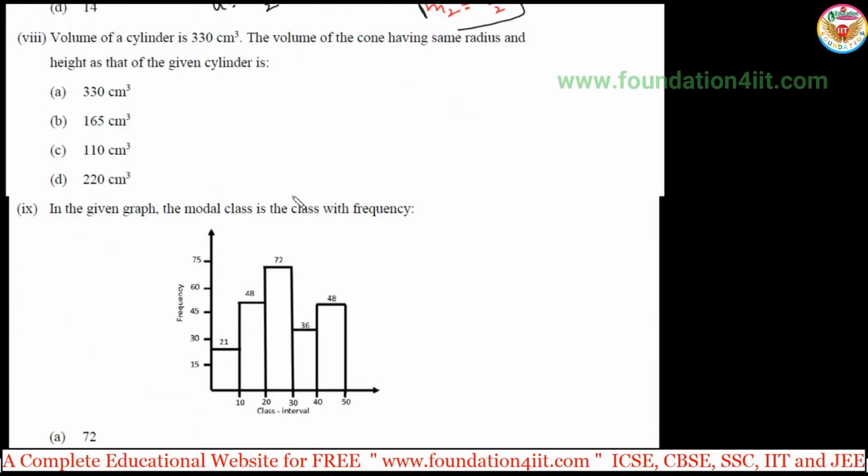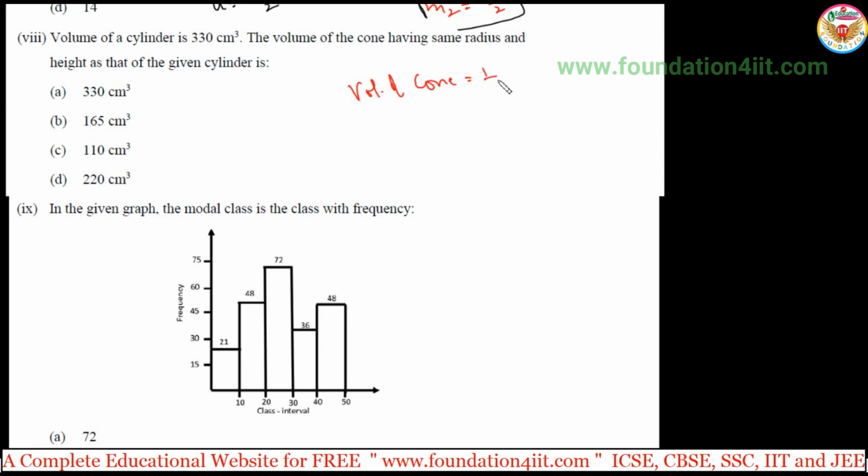Right problem. And eighth one. Volume of the cylinder is given as 330 cubic centimeters. Find the volume of the cone having the same radius and height as the given cylinder. Just observe the formula: volume of cone is equal to 1/3 of the volume of the cylinder. You can apply this rule also.